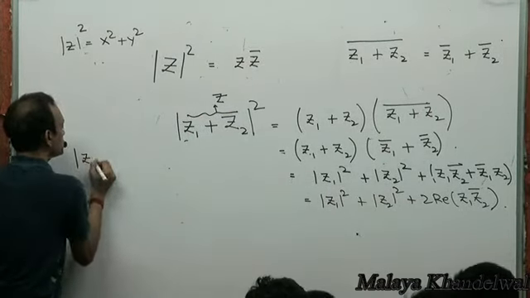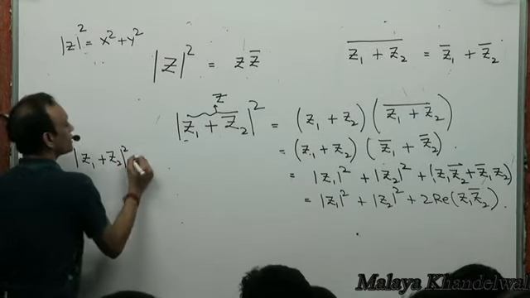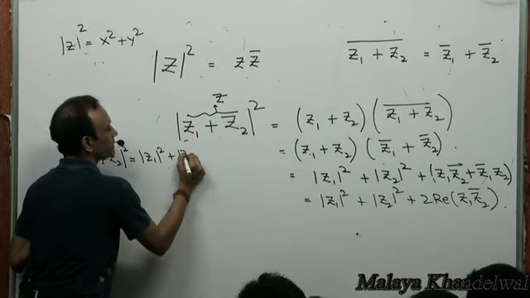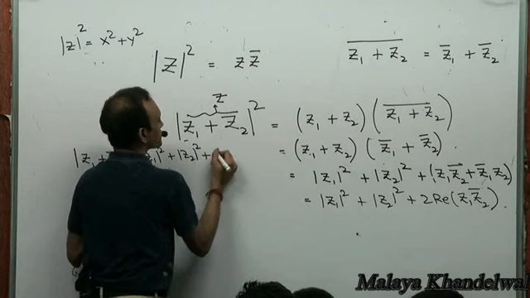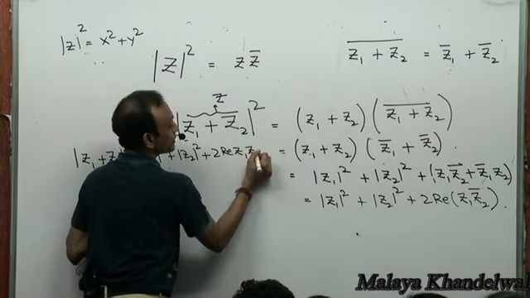An important result, a regulation result: mod of z1 plus z2 whole squared is going to be mod z1 squared plus mod z2 squared plus twice real z1 z2 bar. Yes or no?